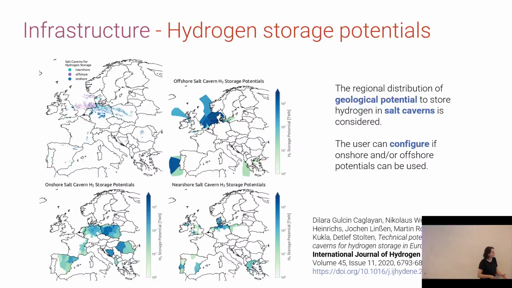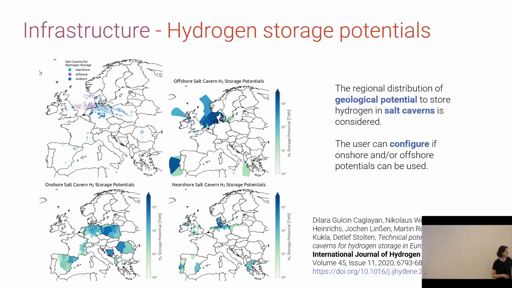And there are three categories. The estimation for underground potential is calculated at an offshore location, onshore location, or nearshore, meaning locations that are, I remember, 20, 30 kilometers from the shore. And the user can select which of these potentials to use, either the three of them or some of them, right?